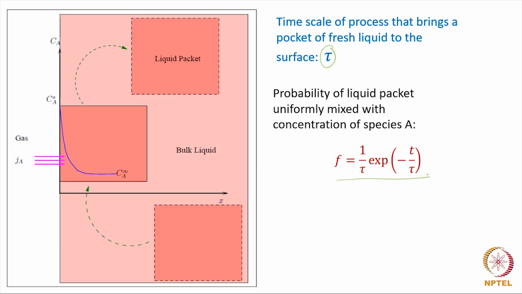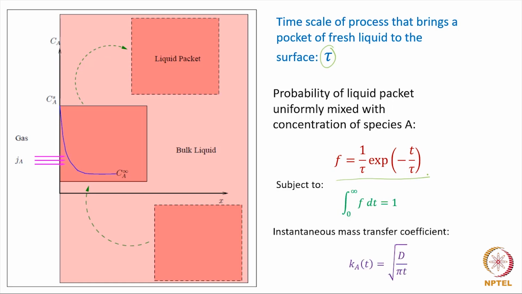Here we are bringing in the stochastic nature of this process where the solute transfer is happening between the gas and the bulk liquid, and this probability is given in such a way that it gives us 1 when we integrate it over infinity. That means over a period of time, this expression is definitely going to give you 1.